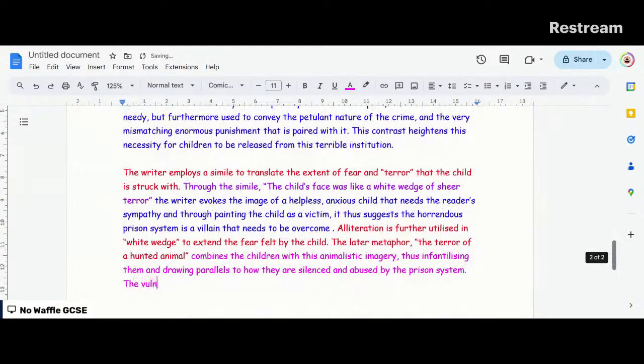The vulnerable and defenseless position evokes the reader's empathy.